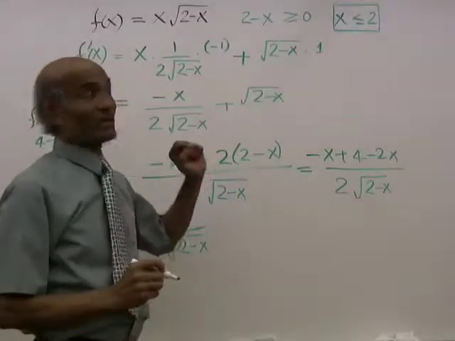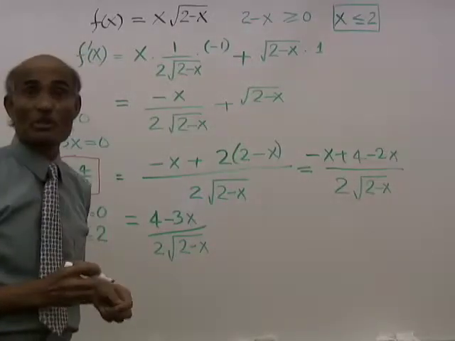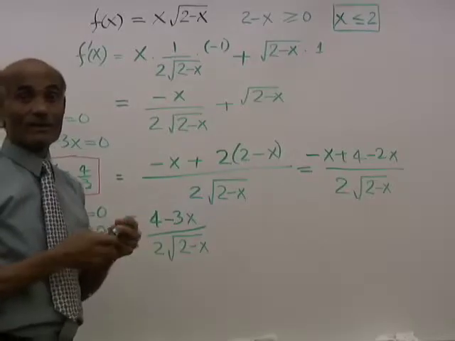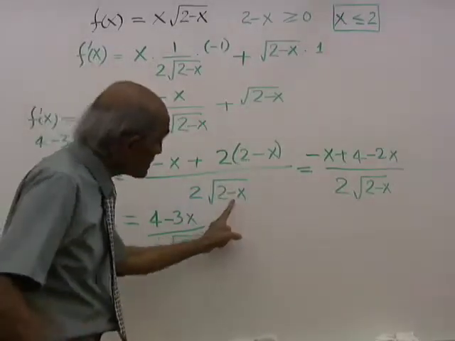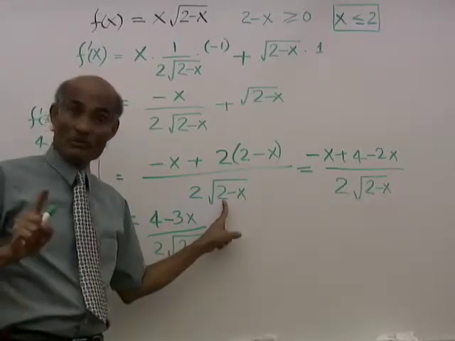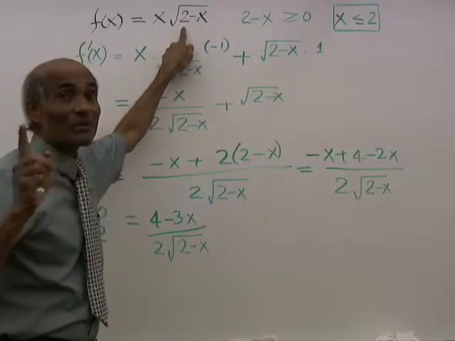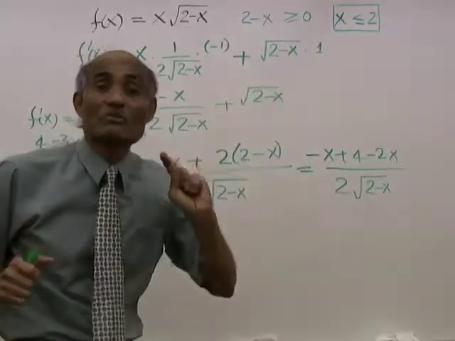Now, I want you to draw the graph of this function and take a look at it. So now tell me, is x equal to 2 a critical number or not? Well, it satisfies the condition. At x equal to 2, the derivative is undefined, and x equal to 2 is in the domain of the function. But anything greater than 2 is not in the domain.